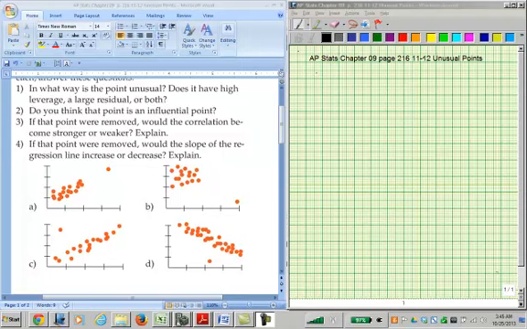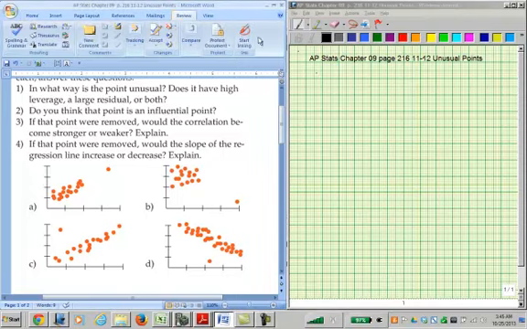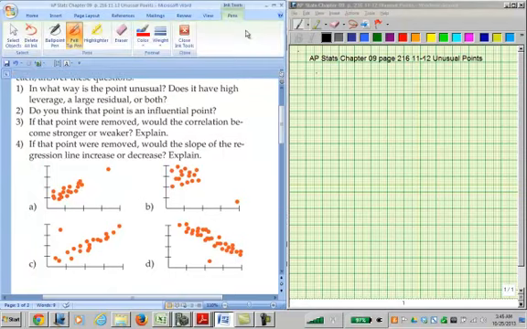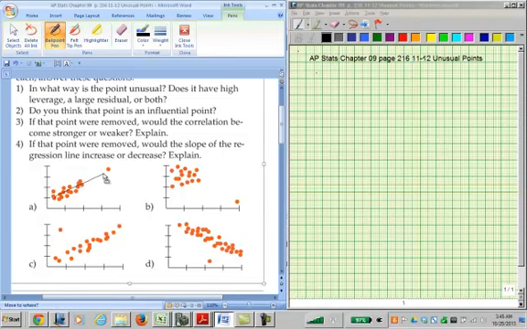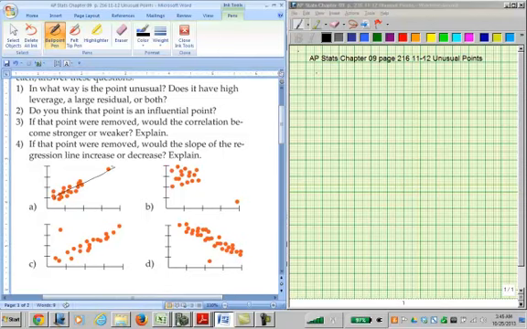Now with A, you've got the clump of points here with a trend, and then the trend line appears to go in the direction of the unusual point.